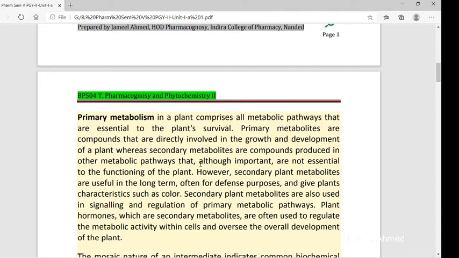Some antibiotics use primary metabolites as precursors, such as actinomycin, which is created from the primary metabolite tryptophan. Means actinomycin is created with the help of the primary metabolite tryptophan.